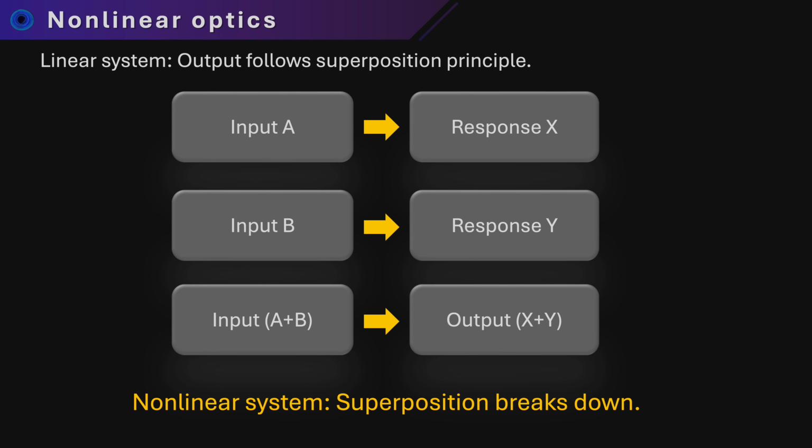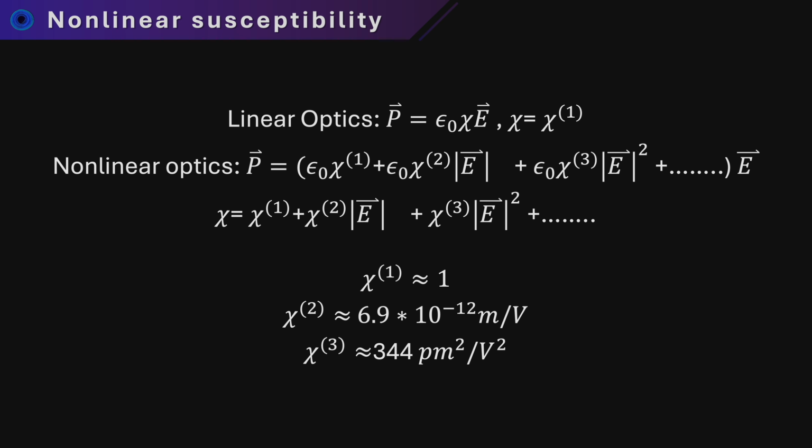In optics, the central relation we care about is between electric field of light and the polarization of the medium as it passes through. In a linear material, polarization is directly proportional to the electric field. That is, polarization is equal to epsilon naught chi 1 times electric field.